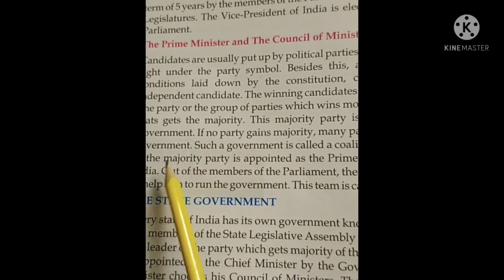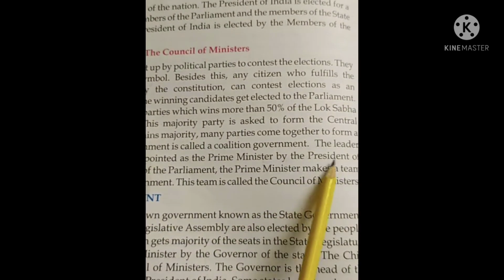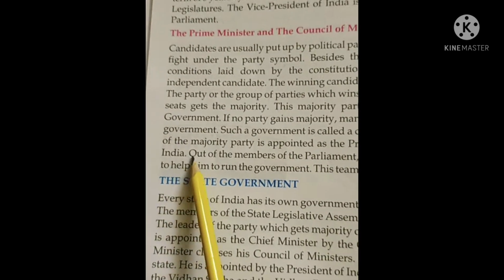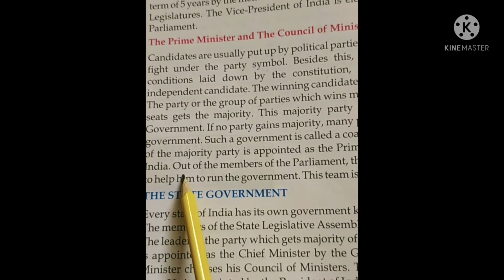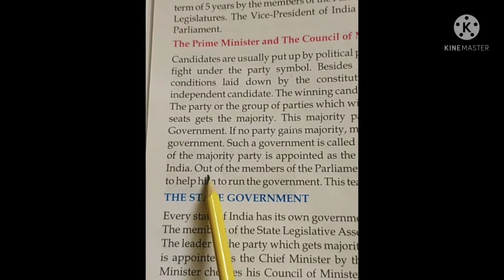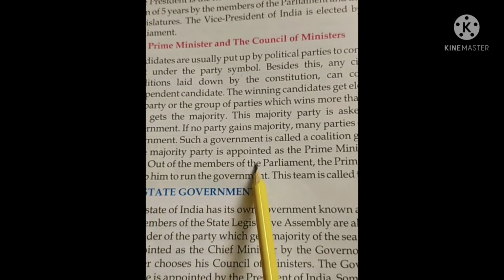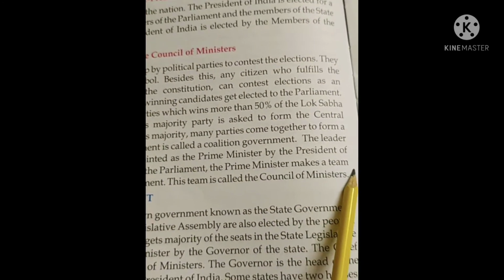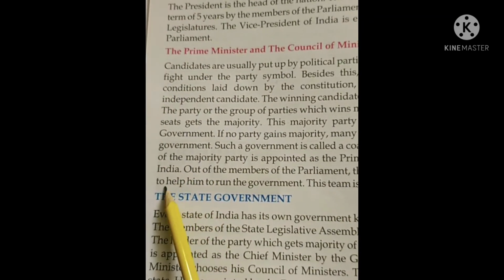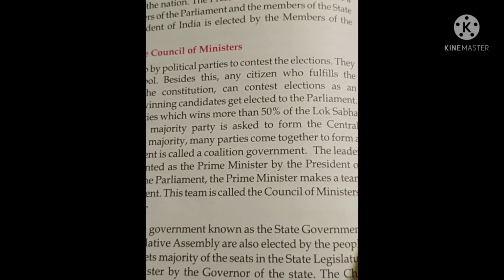The leader of the majority party is appointed as the prime minister by the president of India. और जो पार्टी जीत कर आई है उसके जो लीडर होते हैं उनको प्रेसिडेंट अपॉइंट करते हैं as prime minister. Out of the members of parliament, the prime minister makes a team to help him run the government. This team is called the council of ministers.